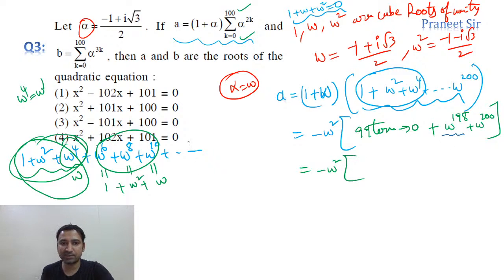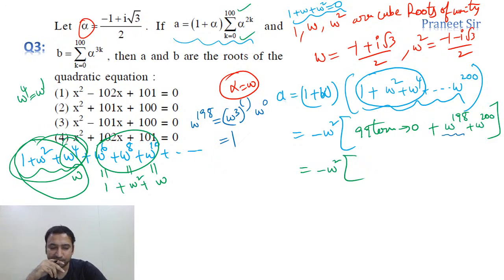Can I write omega power 198 as omega cube whole power something into omega power 0? Is it 1 or not? 1 only, right? So this is 1.